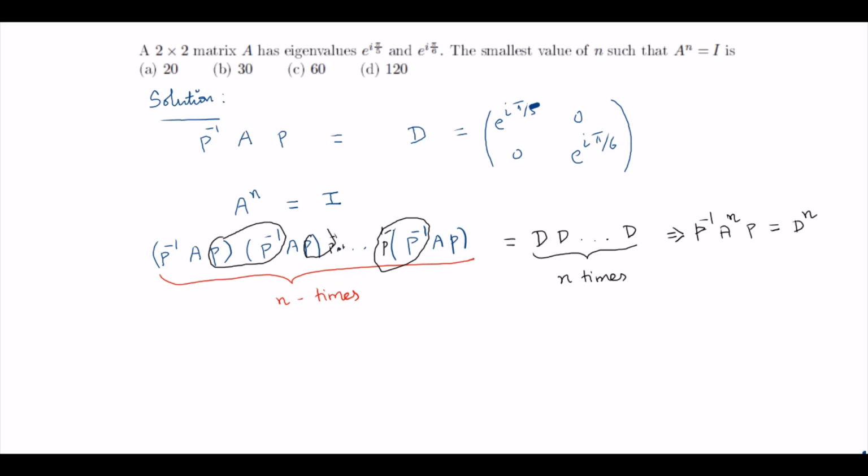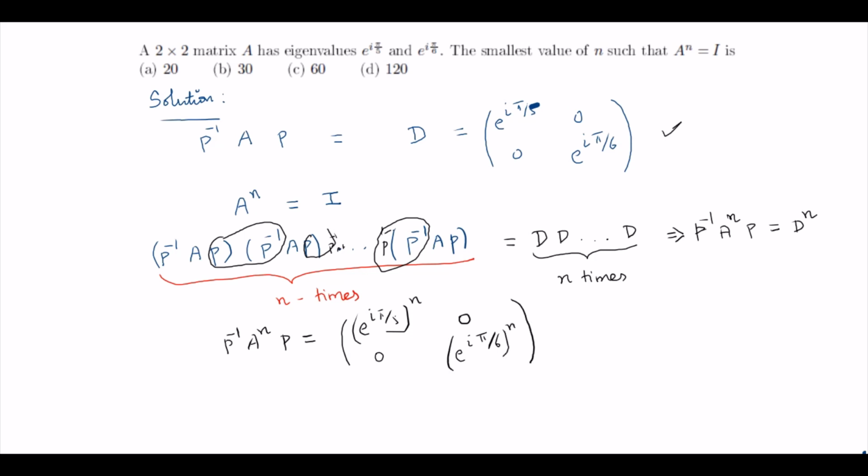So P inverse A power n P is equal to what is D power n? D is given here. Therefore, if you multiply n times, it's simply e power i pi by 5, the whole power n, 0, 0, e power i pi by 6, the whole power n.